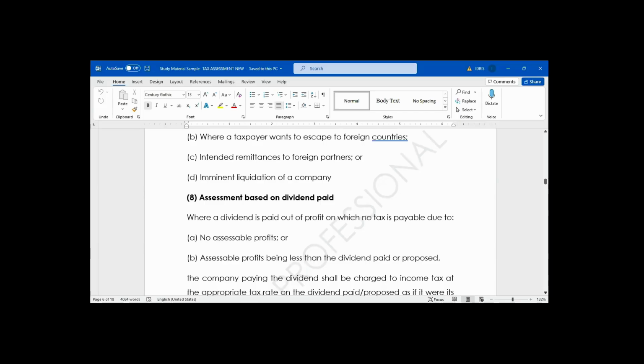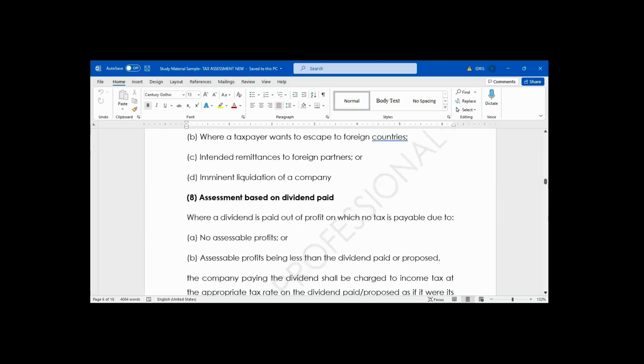So that is called assessment based on dividend, or dividend assessment. It means a situation where a company pays company income tax based on the amount of dividend declared to the shareholders. What are the conditions for paying your company income tax based on dividend?